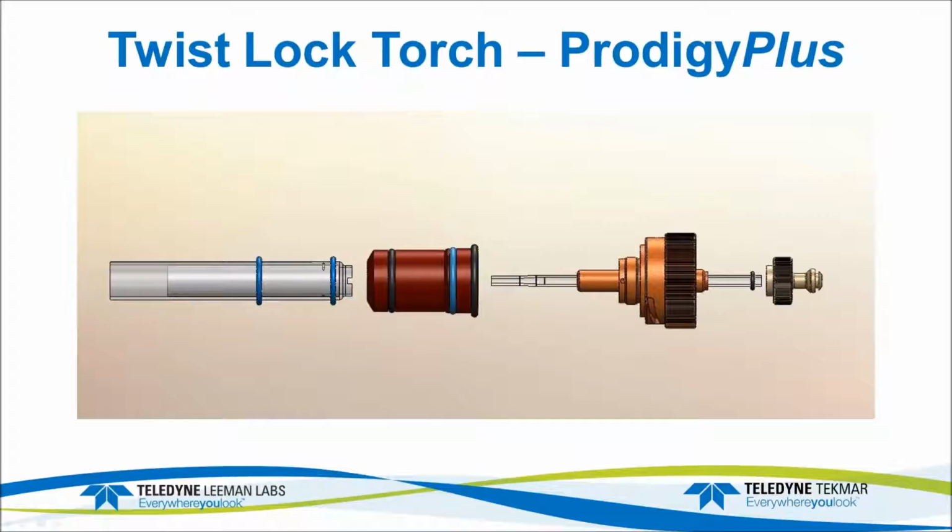The twist lock torch that we have is designed to make the instrument easy to operate. It comes apart very easily, and you can replace just the injector. It is mounted on an alt-tem bayonet that also provides the gas connections and positioning of the torch.